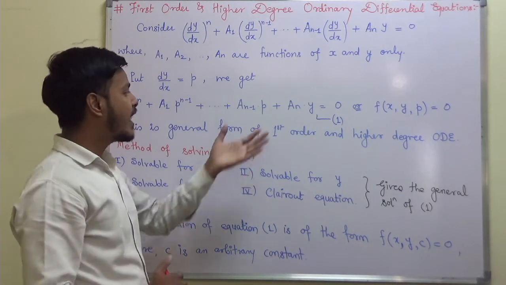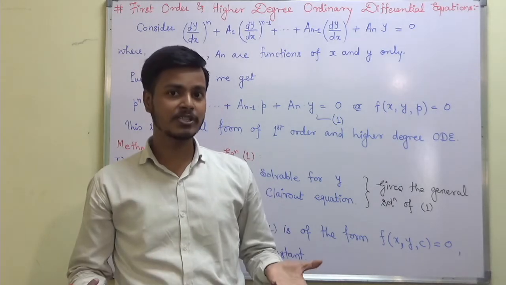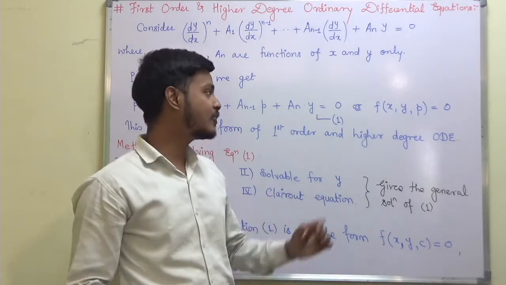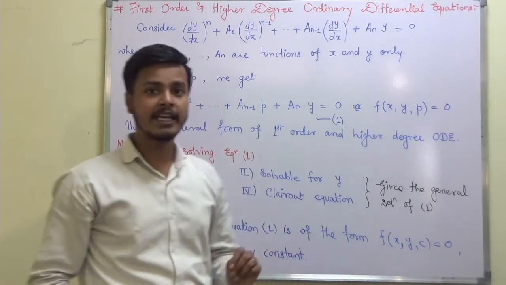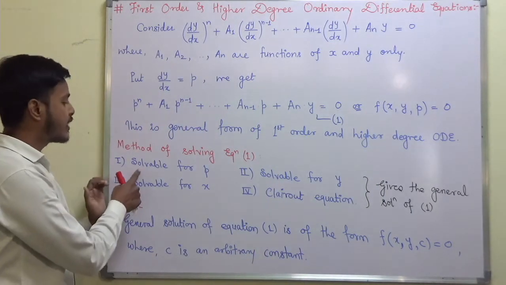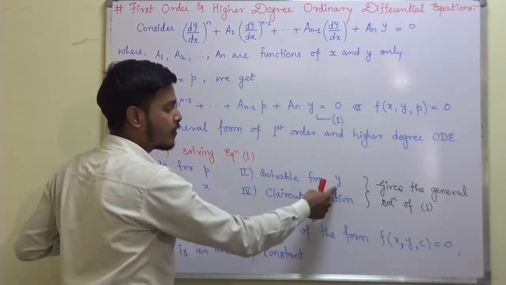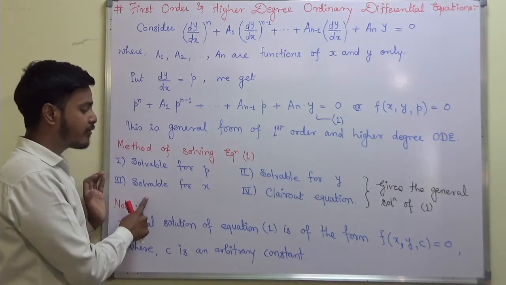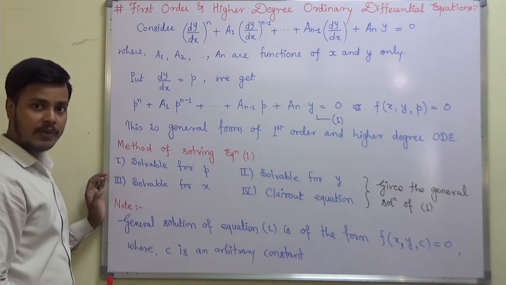Now if you have a first order higher degree differential equation, then it must have a solution, and to get the solution of such equations we have four different methods, namely the equation solvable for p, equation solvable for y, equation solvable for x, and Clairaut equation.